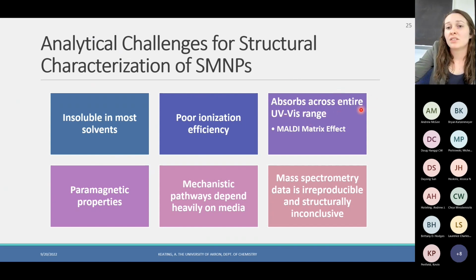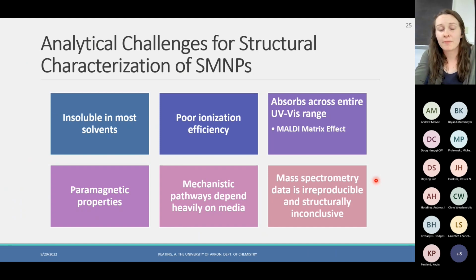They absorb across the entire UV-vis range, and as a result could be used as a multi-matrix, so you get mixed interference from the species itself when you're trying to analyze it, and it's interacting with the UV in a way that other materials might not. It's shown to have paramagnetic properties, and the mechanistic pathways seem to depend heavily on the media of the material. Overall, the mass spec data in the literature is pretty irreproducible from paper to paper and structurally inconclusive.